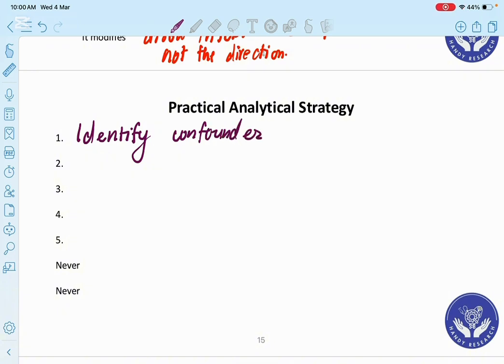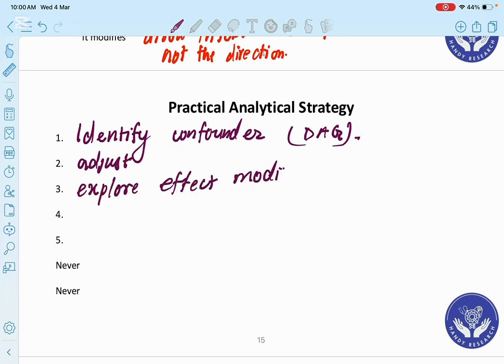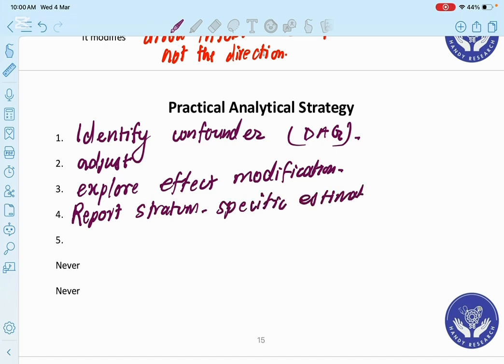Which model do you use to identify confounders? That is a DAG. Then adjust for it, explore effect modification, report the stratum-specific estimate, and interpret biological meaning.